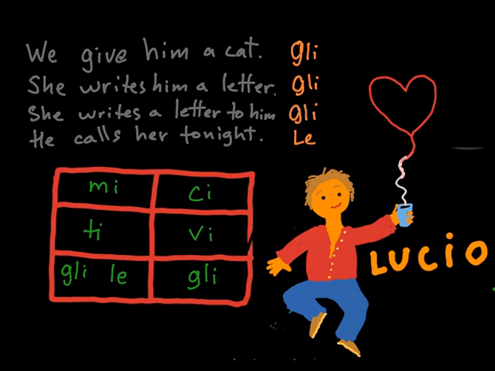So it's noi gli diamo un gatto. Noi gli diamo un gatto. We give him a cat. Okay.